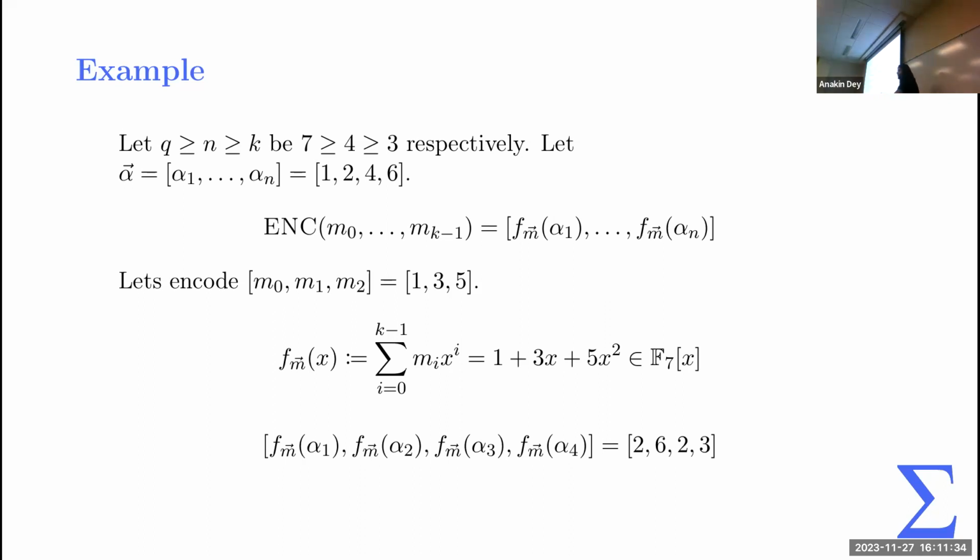We need at least as many evaluation points as the length of the message, because later when we do decoding, we're going to use the fact that, how many points do you need to define a straight line? 2, right? So a degree 1 polynomial needs 2 points. How many points do you need to define a quadratic? You need 3, etc. So we can use that idea for decoding, but that's why that restriction's there. Good question.